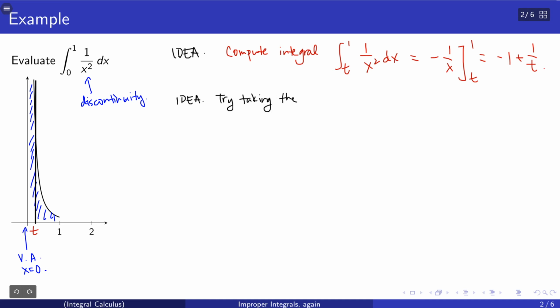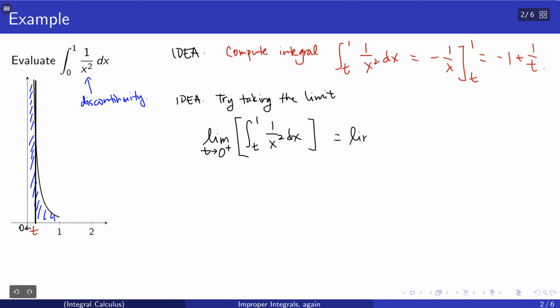So let's try taking the limit as t goes to 0, sorry, we're approaching 0 here from the right, of whatever this integral was. So as t approaches 0 from the right, is this infinite area going to be something?